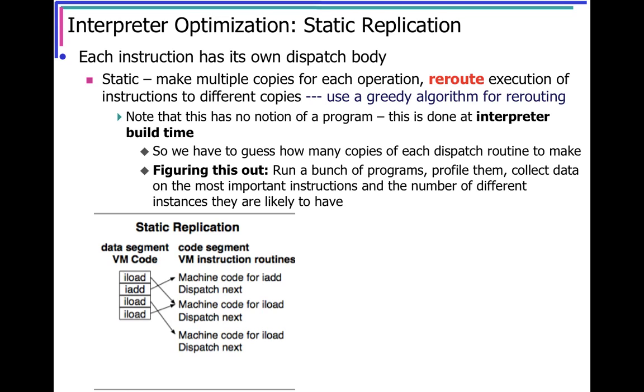And for the program on the left, we actually have 3 iLoads and 1 iAdd. So 1 iAdd works, but 2 of the iLoads are going to have to be mapped to the same handler. And we can do all kinds of optimizations to try to guess how to do this mapping, and we can try to build as many handler copies into the runtime, but it's still a guess. But we can do it ahead of time so we don't have to introduce any runtime overhead.